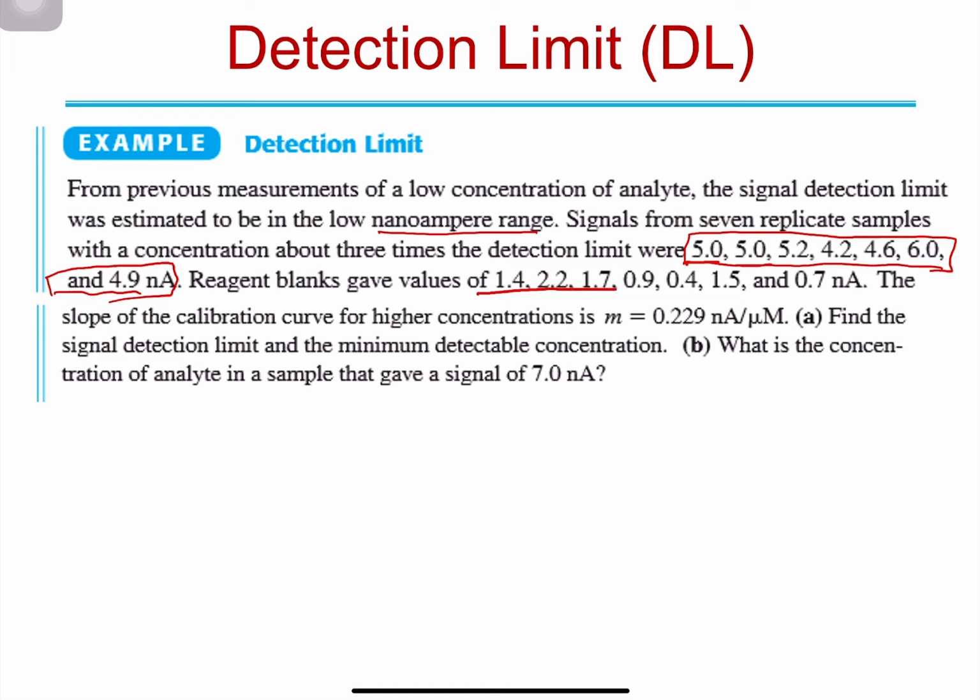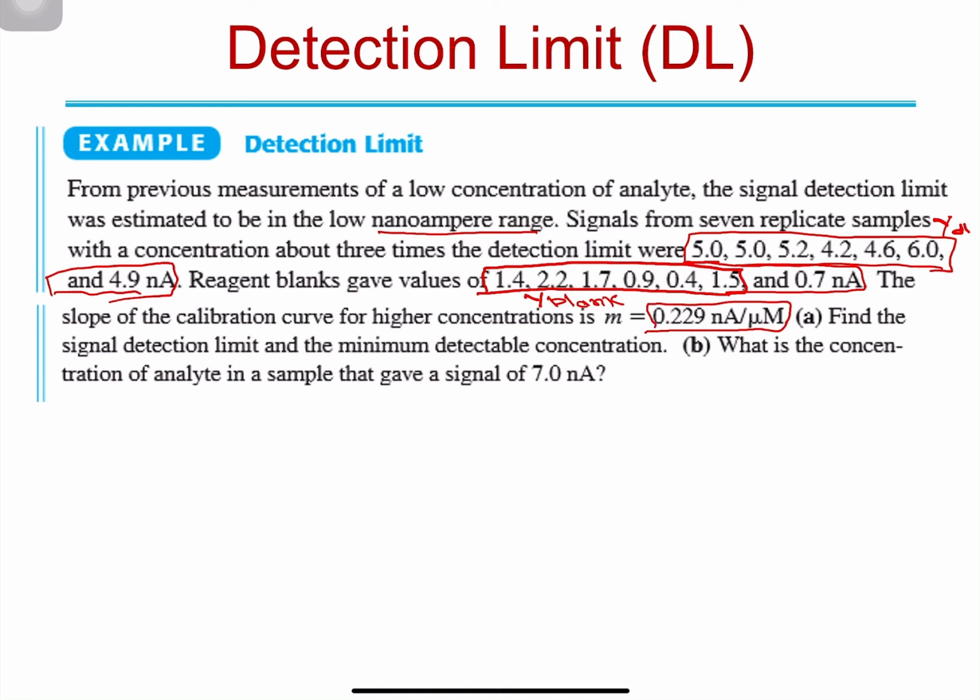These are the values of the y of the blank, the average of these, and these are the y of the detection limit. The slope of the calibration curve for higher concentration is 0.229.